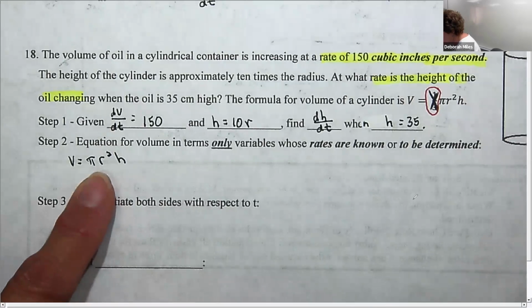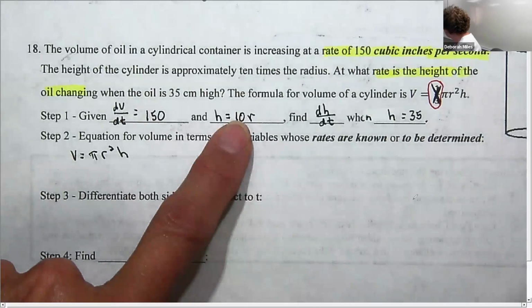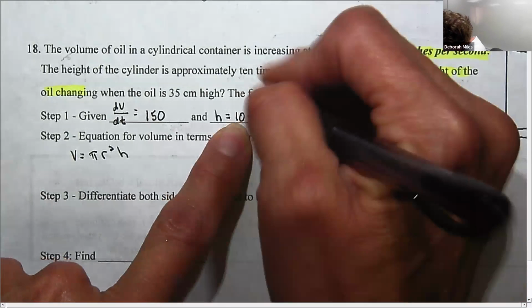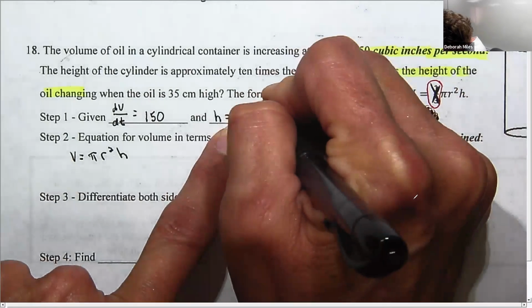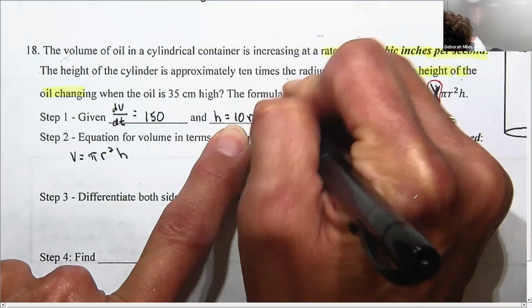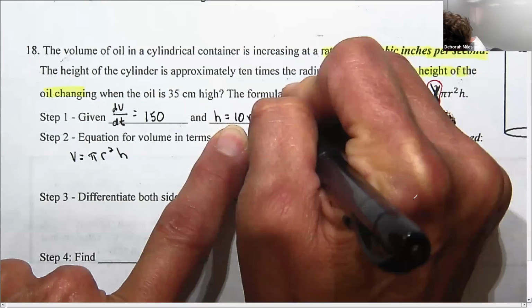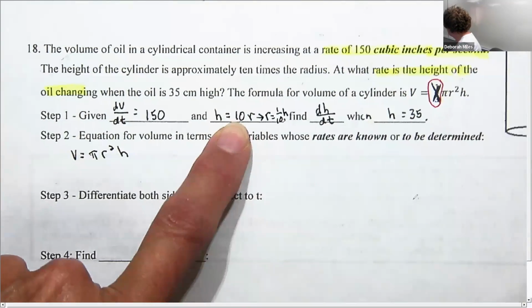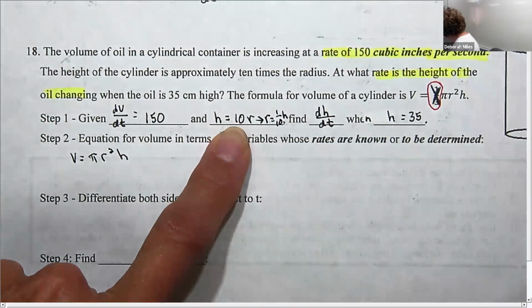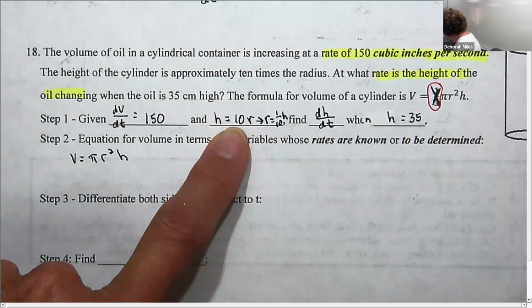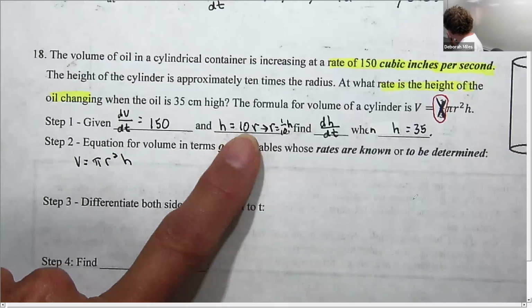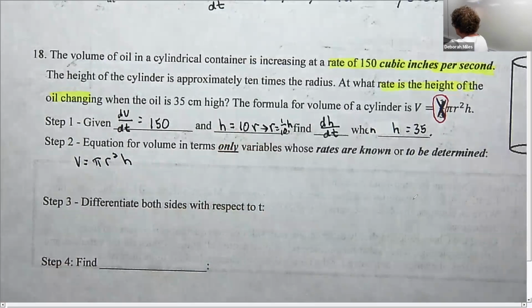H equals 10R tells me R is 1/10 of H. And that's what I can put in the place of R so that I only have equations with the variable whose rate I know and the variable whose rate I'm looking for.